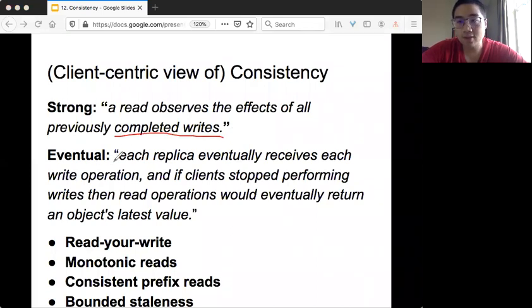And then eventual consistency is on the other end of the spectrum, one of the weakest ones. But sometimes this is very confusing because there are many different interpretations of eventual.